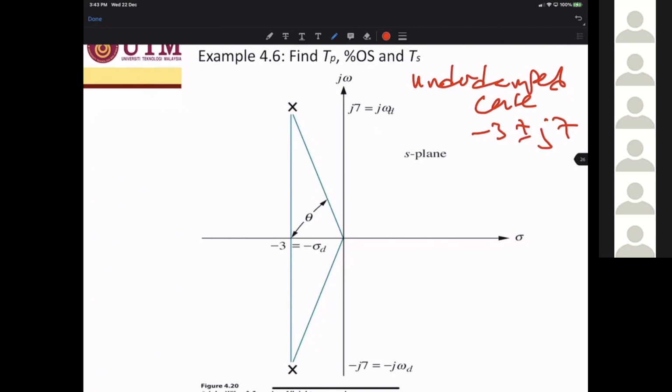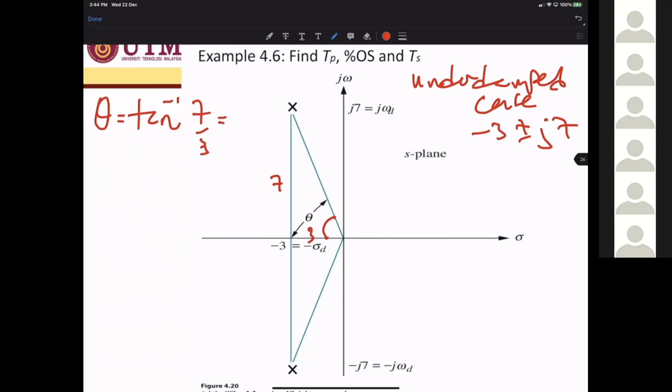Aisha Akram. How to find theta? Cos theta equal to A over H. No, find theta first. Theta is arctangent, right?